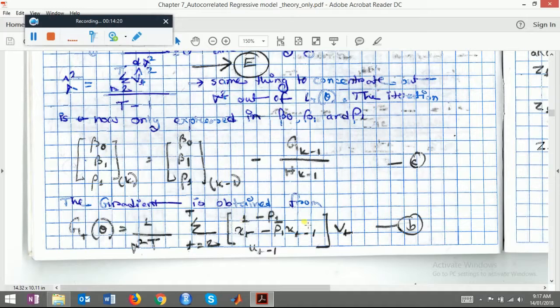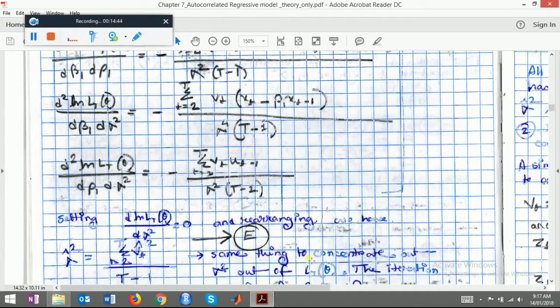The gradient is obtained from 1 by sigma square t. You have z1, z2, z3. What is z1? From beta naught, z1 is only 1 minus rho 1. From beta 1, z2 is xt minus rho 1 xt minus 1. You already know it. From rho 1 it is ut minus 1.